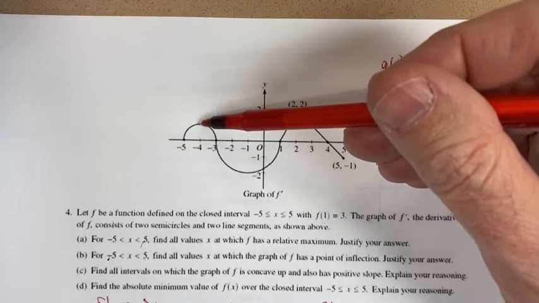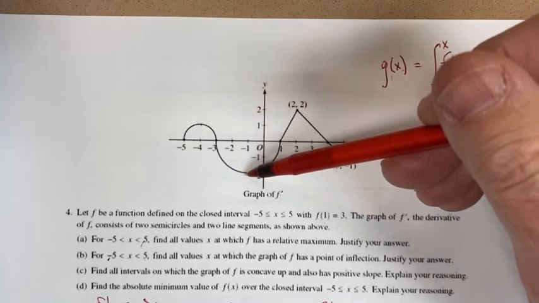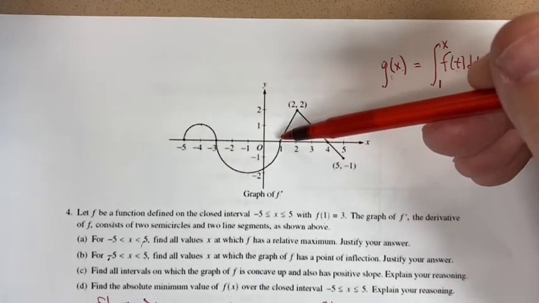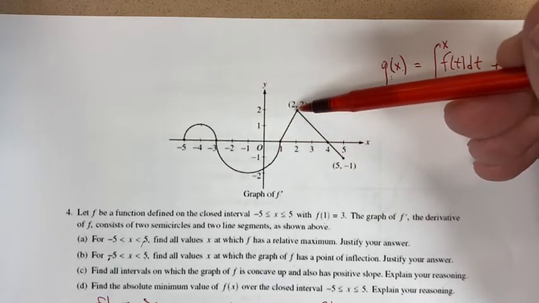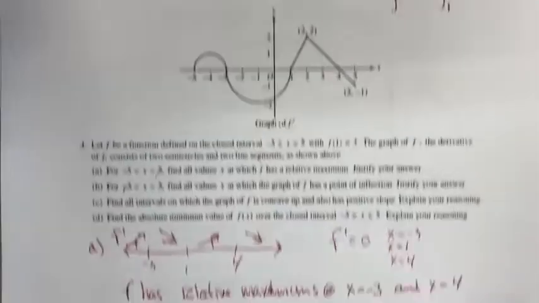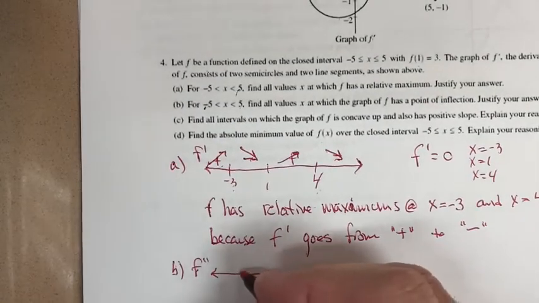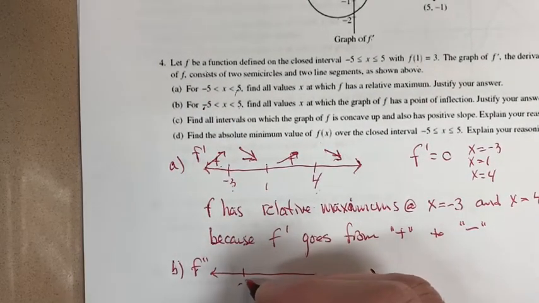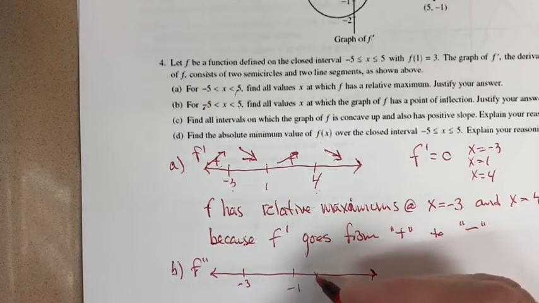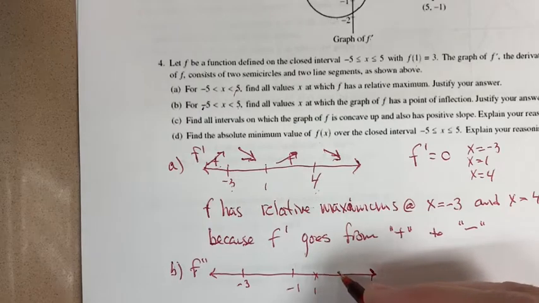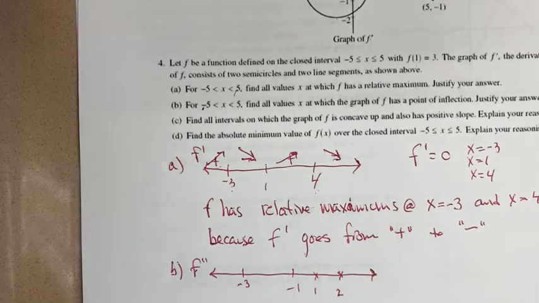So we've got a max here, a min here. The second derivative is undefined there, and undefined here also. So on the open interval, at 1 it's undefined, at 2 it's undefined.